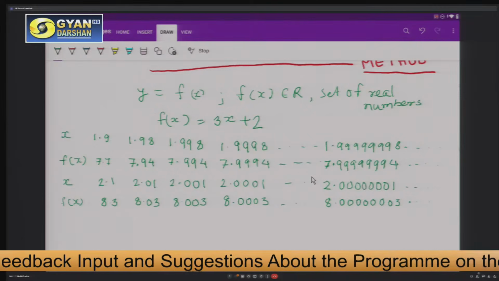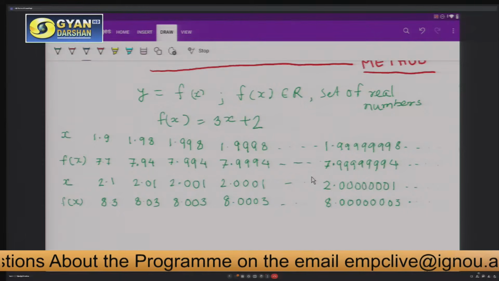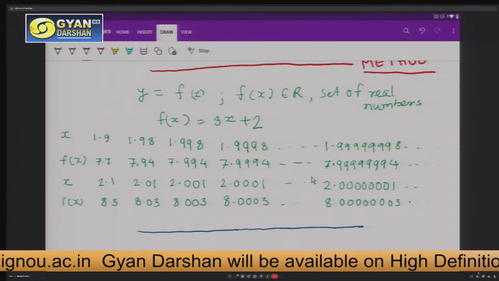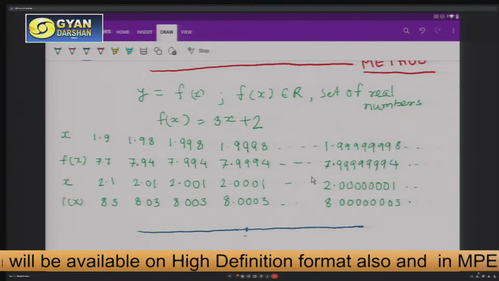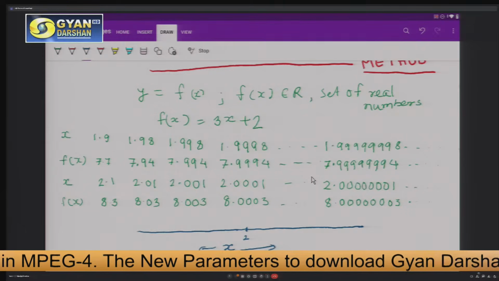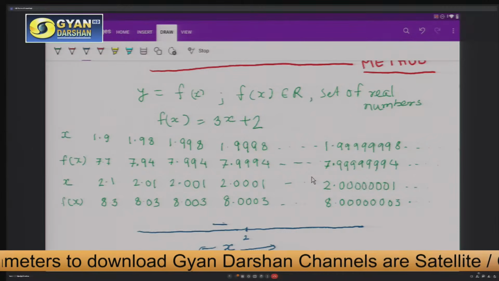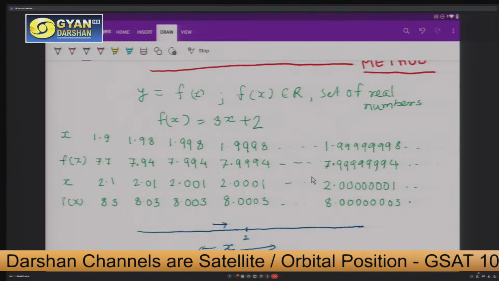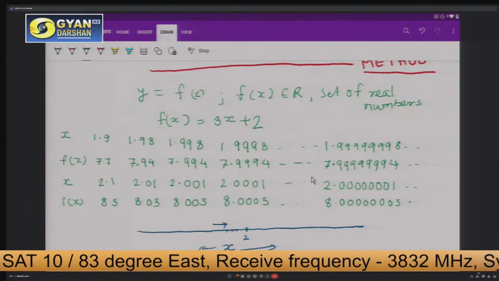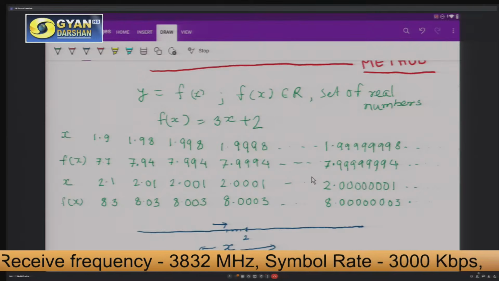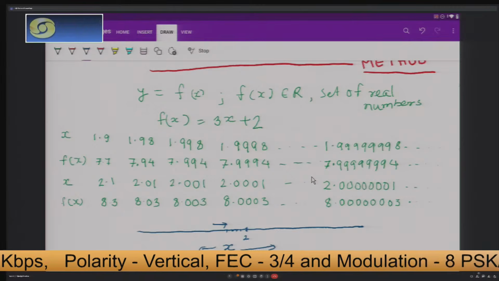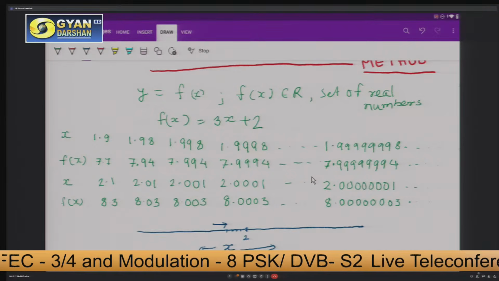You can see, this is a number line. As we approach x from the left, 1.9, then 1.98, then 1.998, and so on, the value of y, that is f(x), approaches 8 on the number line.